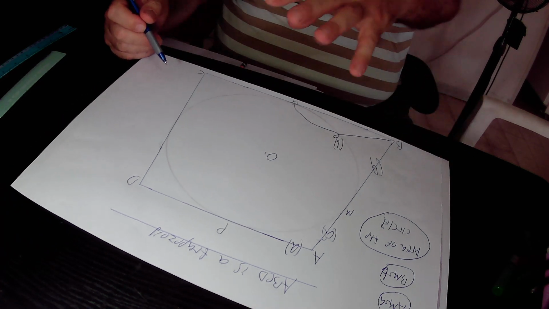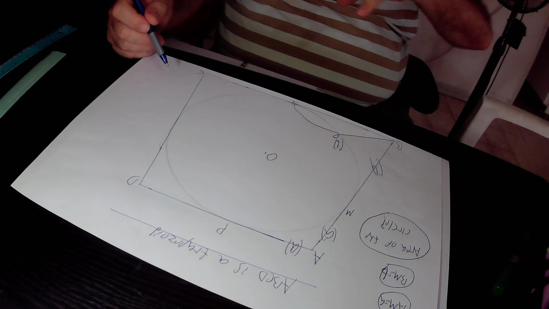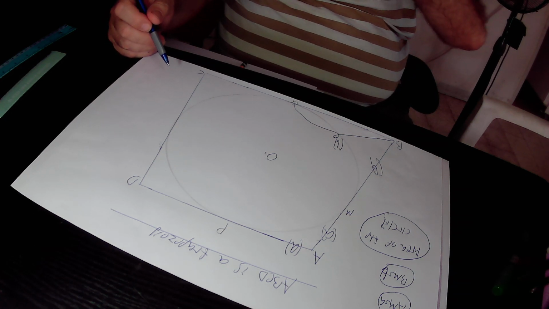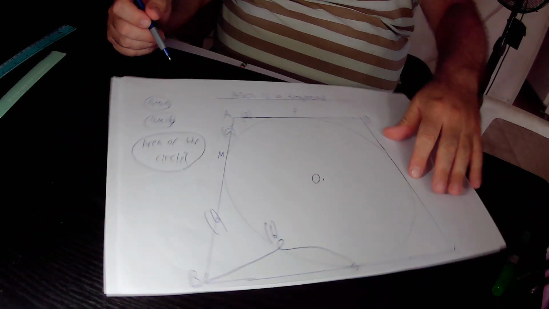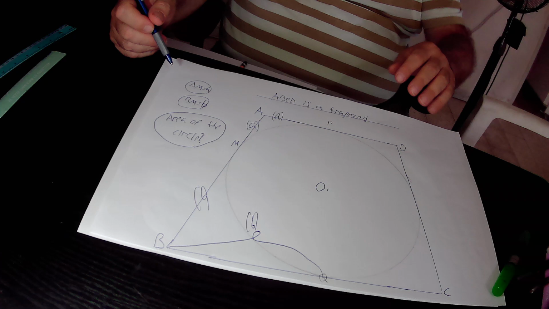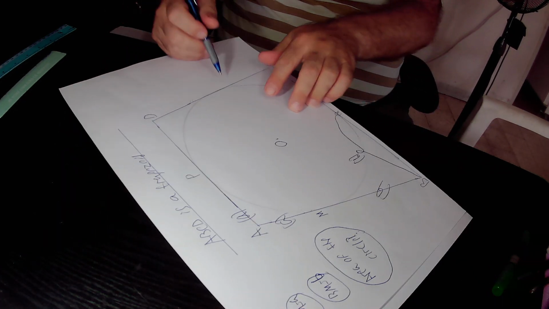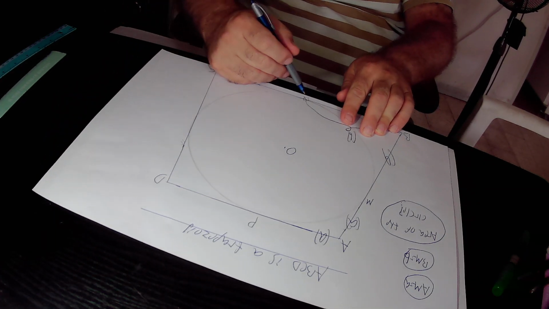In the next step, we define the radius of this circle as x, and we will join points O and Q together by a straight line.